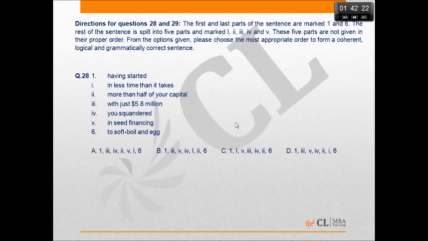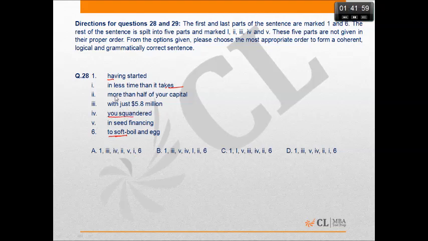Yeah, 28. Having started to soft boil an egg, having started in less time than it takes to soft boil an egg. More than half your capital with just $5.8 million you squandered.